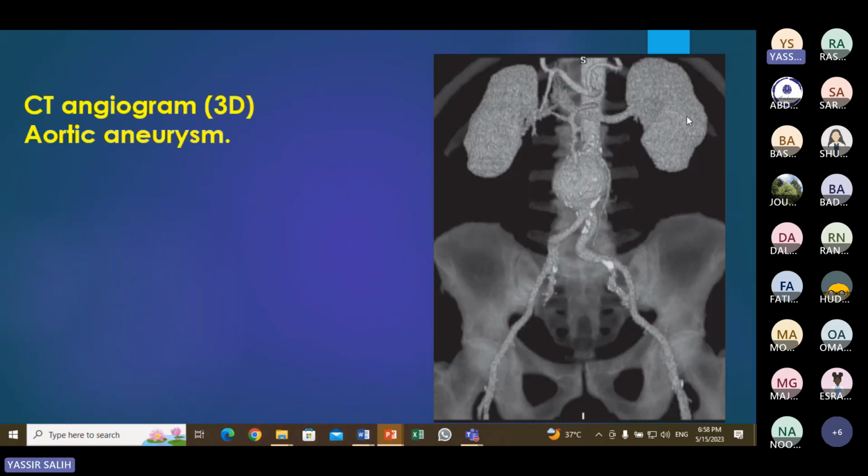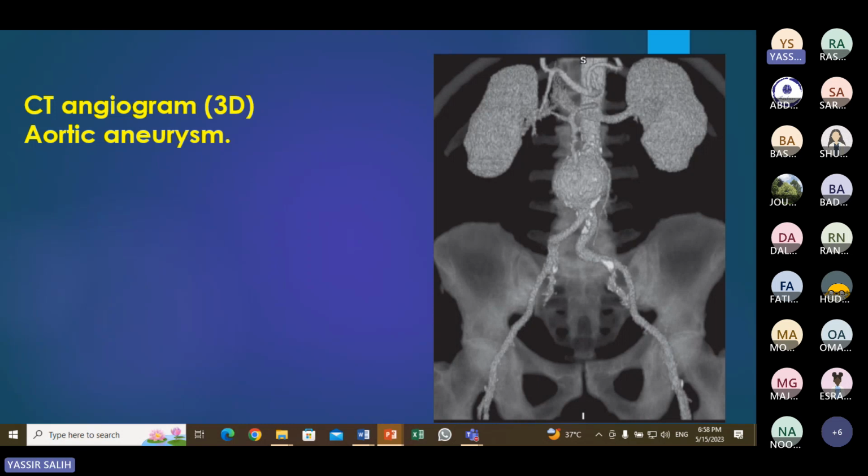What is the imaging technique or imaging study? This one. CT scan. CT, but for what? Angiogram, for the blood vessels. That is why we call it CT angiogram, because it demonstrates the blood vessels. So this is CT angiogram, but this is 3D. This is not 2D.